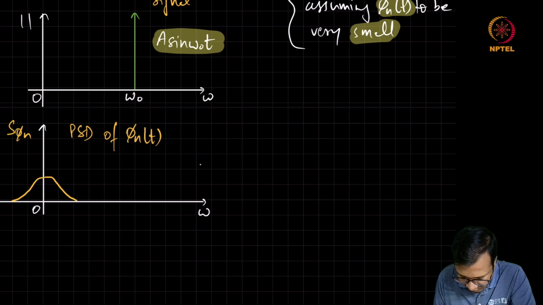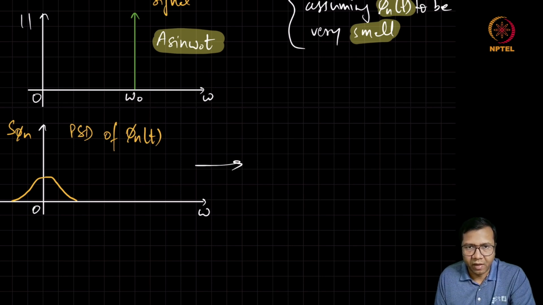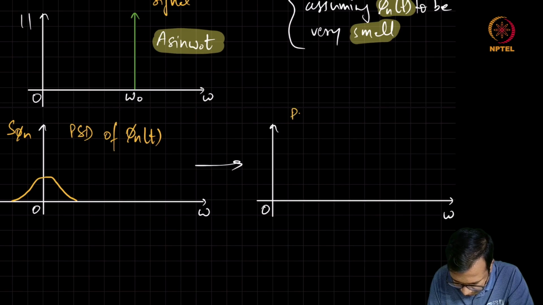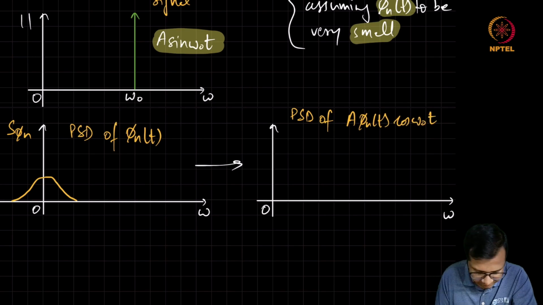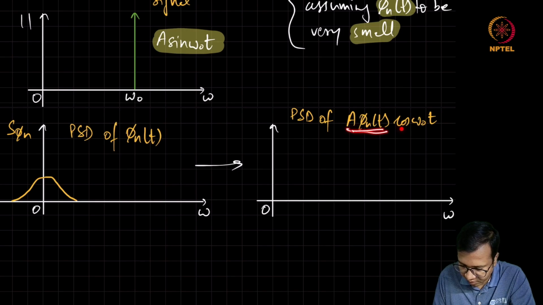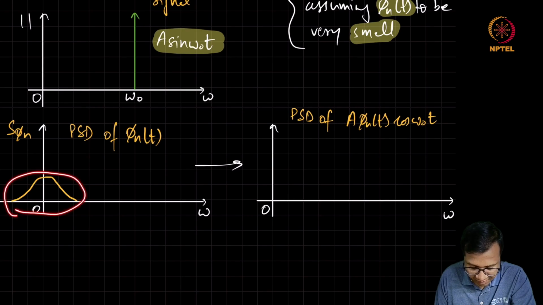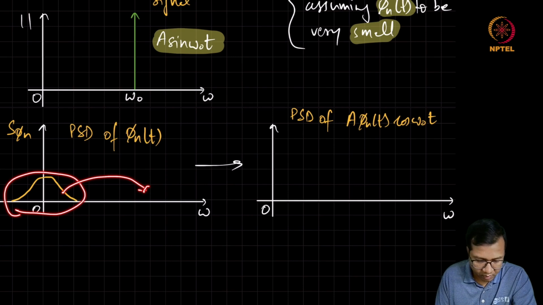Then we can find the PSD of the entire second term. We want to find the PSD of A phi n of t cos omega naught t. Here we can see that this is like an amplitude modulation of this carrier. So this PSD, which is centered around DC, will get up converted to omega naught.